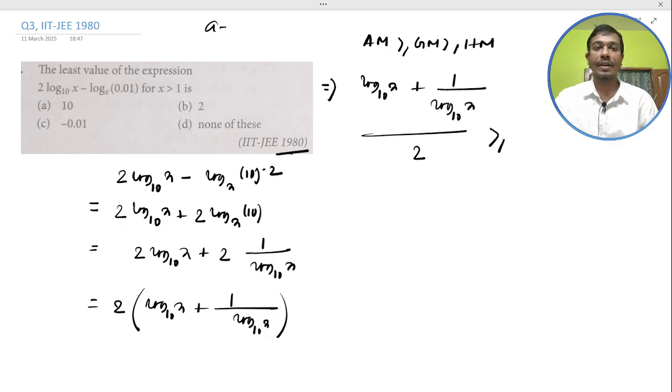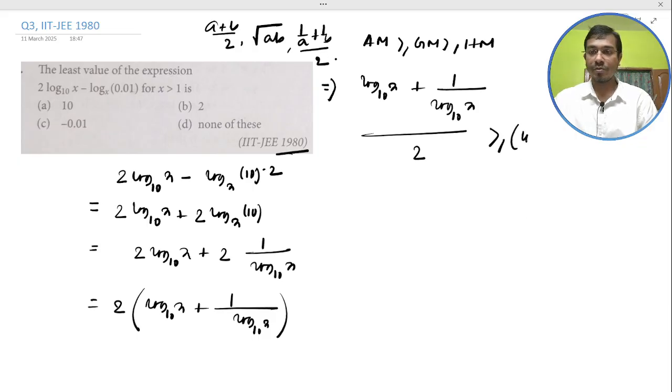Arithmetic mean is a plus b by 2, geometric mean is square root of ab, harmonic mean is 2 by 1 by a plus 1 by b, the reciprocal. That is greater than or equal to log 10 to the base x into 1 by log 10 to the base x, to the power half.